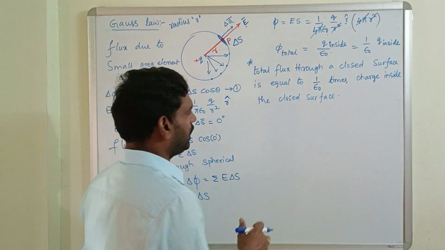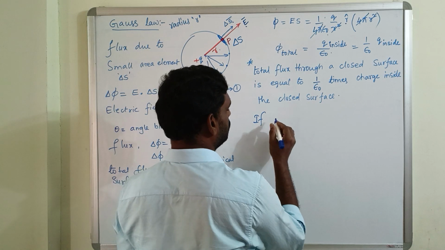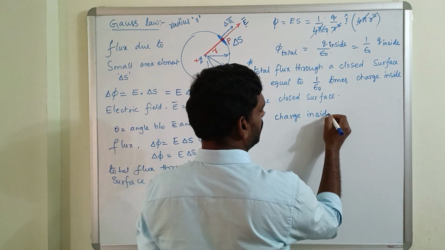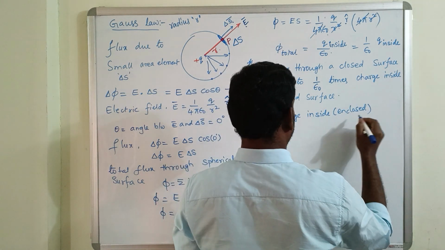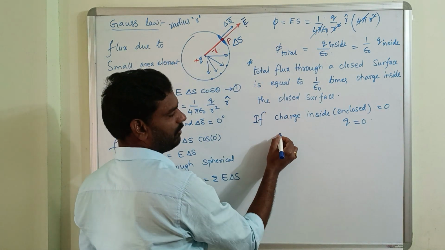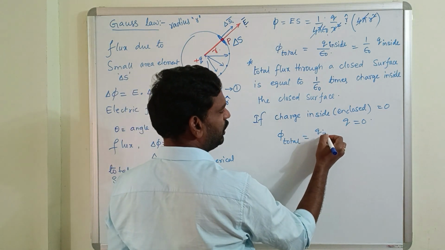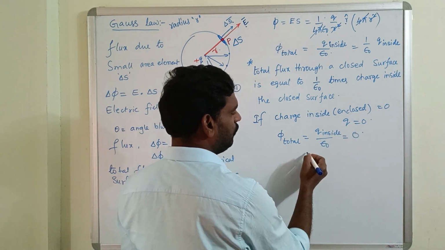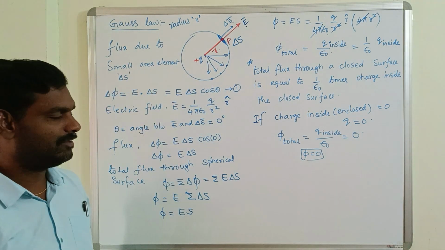Some important points. If the charge inside, or charge enclosed by the closed surface, is equal to 0, then from this equation, total flux is equal to charge inside by epsilon naught, so flux is also equal to 0.